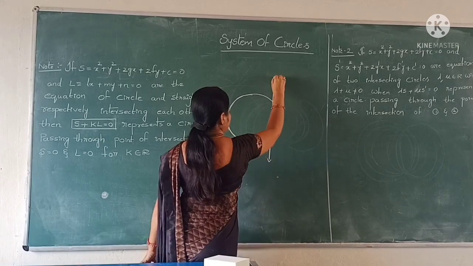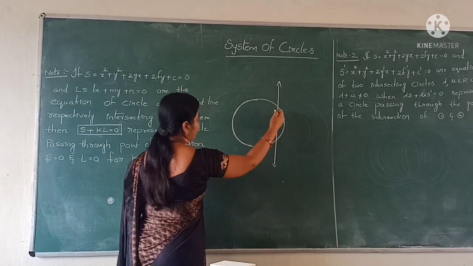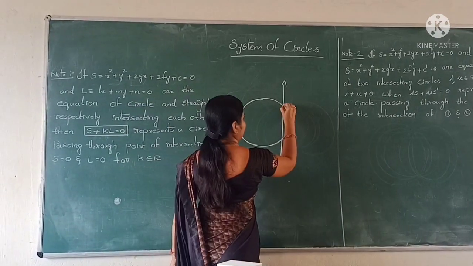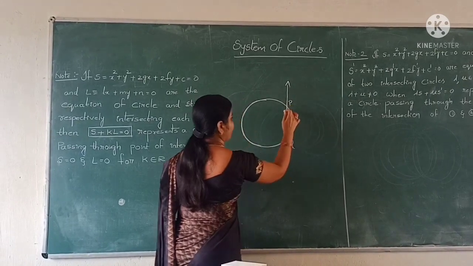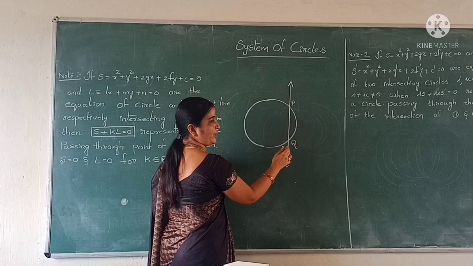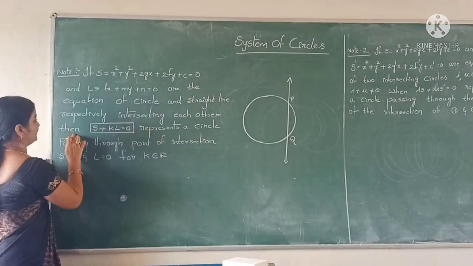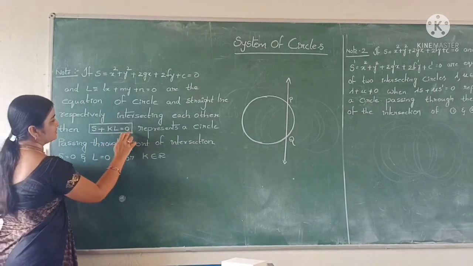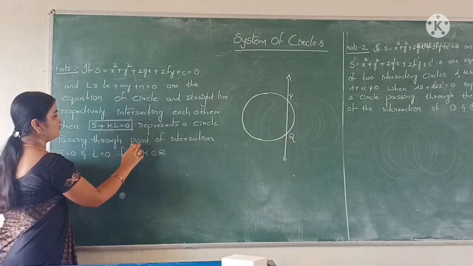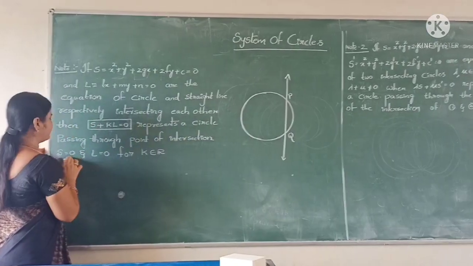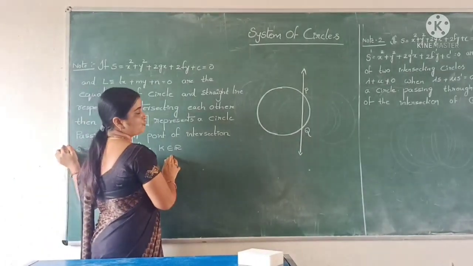This is the line and this is the circle, intersecting each other at P and Q. These are the two intersecting points, P and Q. Then S plus KL equals 0 represents a circle passing through the point of intersection of S equals 0 and L equals 0, for K belongs to R.